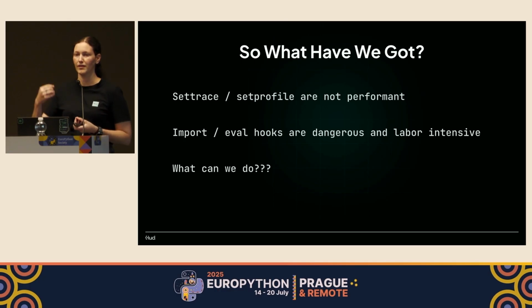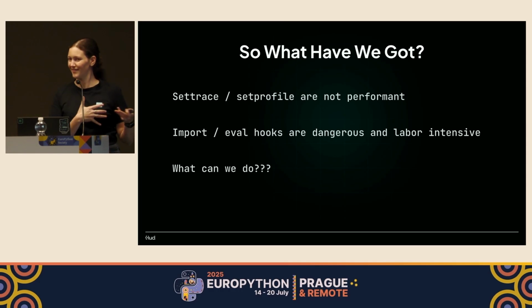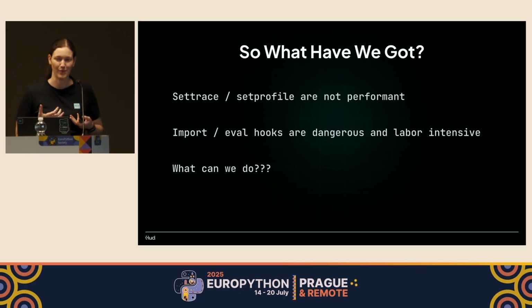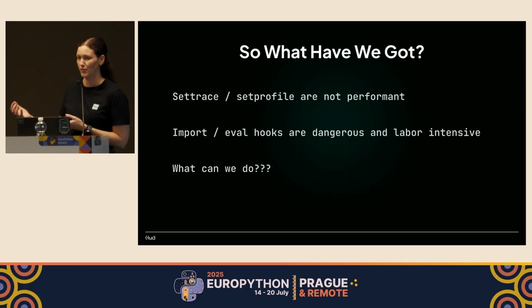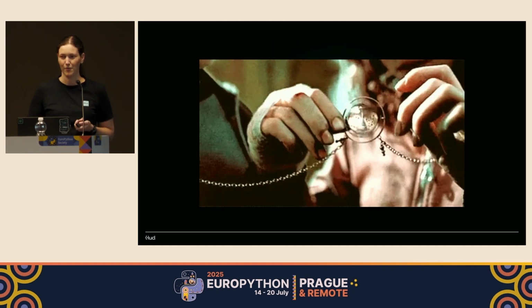We have to know what it is that we want to get from them for them to work. And I kind of want the combination of the two, but at least back then it didn't exist. So what can we do? We can add manual instrumentation with the eval hooks. We can occasionally try to reproduce locally, but it's not quite there yet. But luckily, we are living in the present and not in the past.